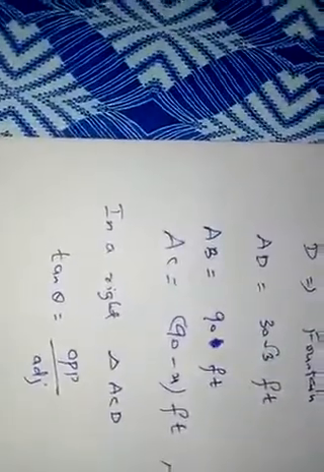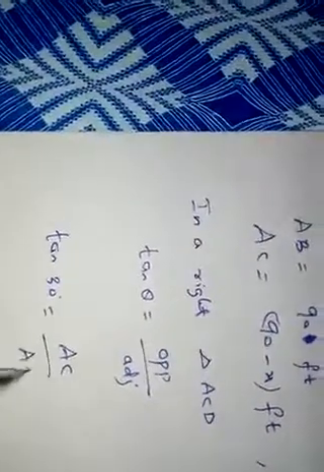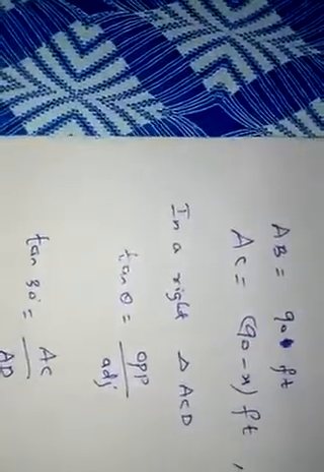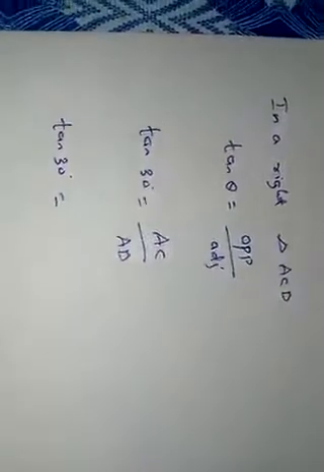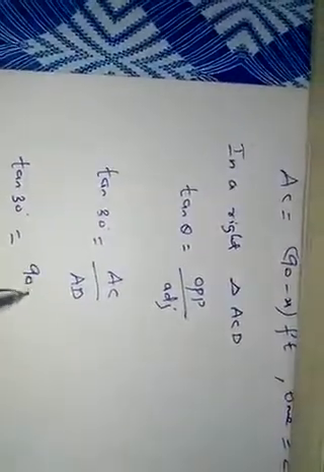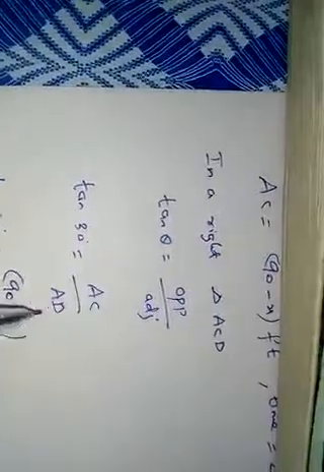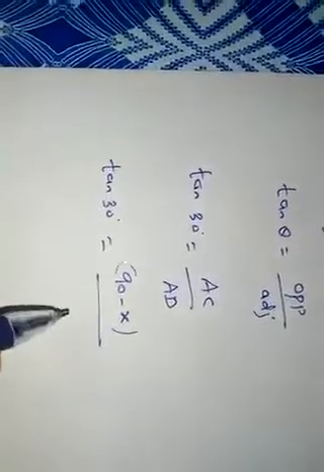So tan 30 degree is equal to, what is the opposite side? Opposite side is AC. Adjacent side is AD. So AC divided by AD. Now tan 30 degree is equal to, AC value is 90 minus x. The AD value is 30 root 3 feet.